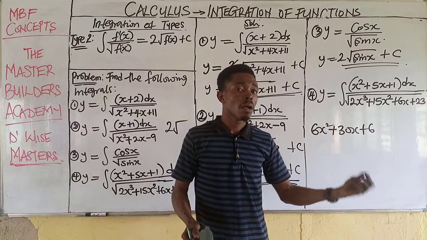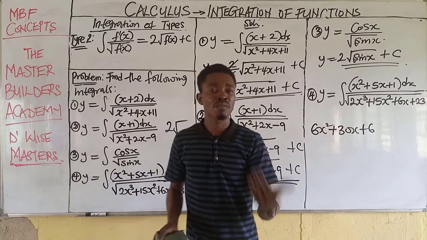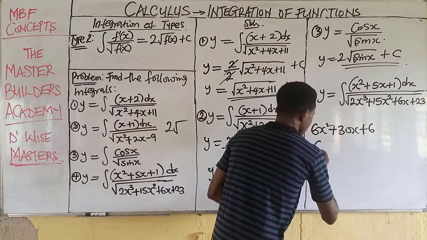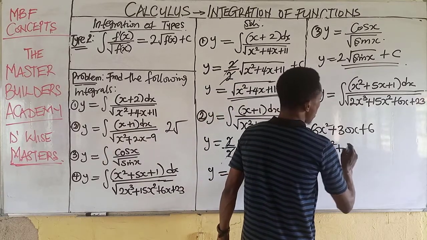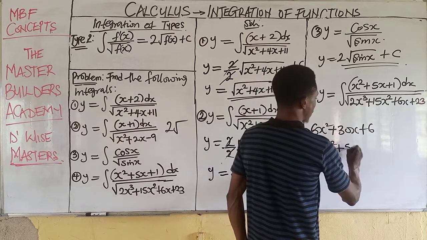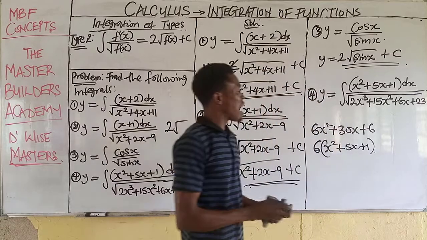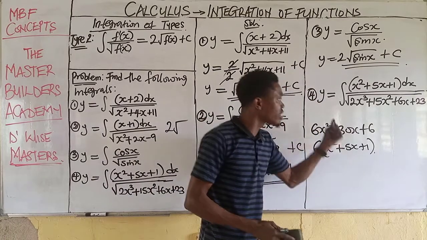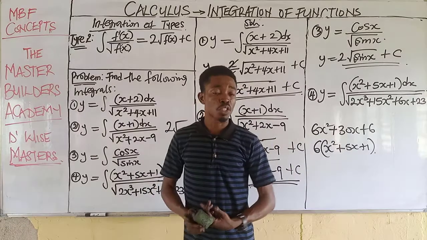Therefore, we will divide both sides by the highest common factor. Now, when we put down 6x squared divided by 6, we are left with x squared. 30x divided by 6, we have 5x. And 6 divided by 6, we have 1. So now, by factorizing the derivative of the denominator, we obtain the numerator of the given function.